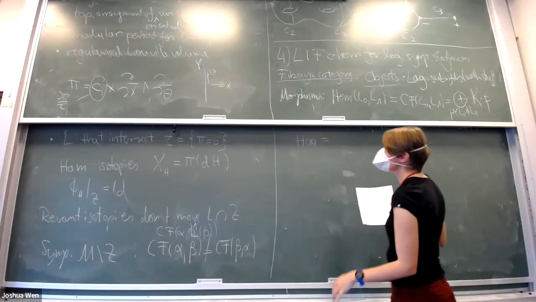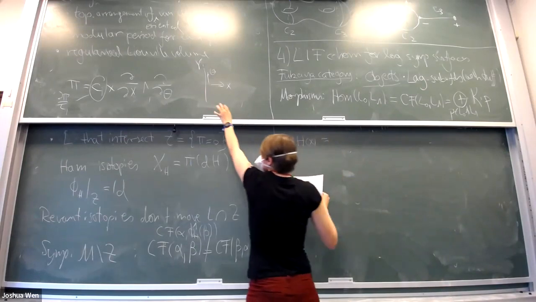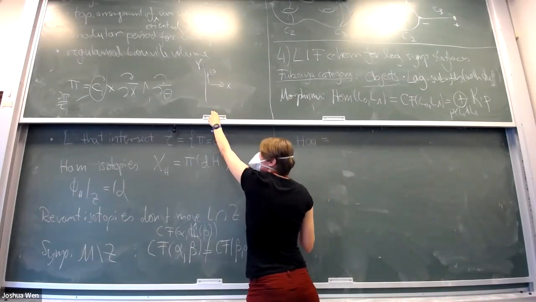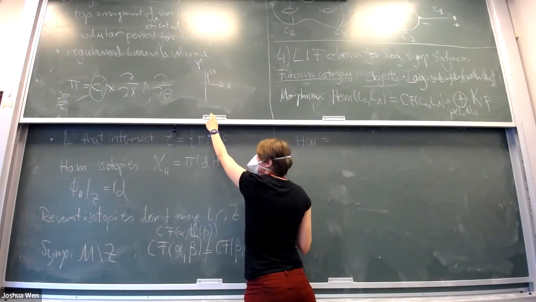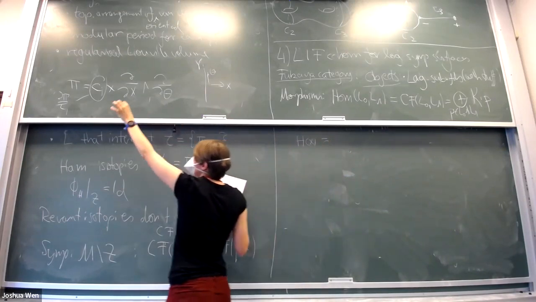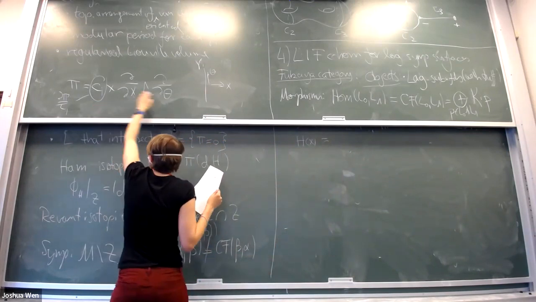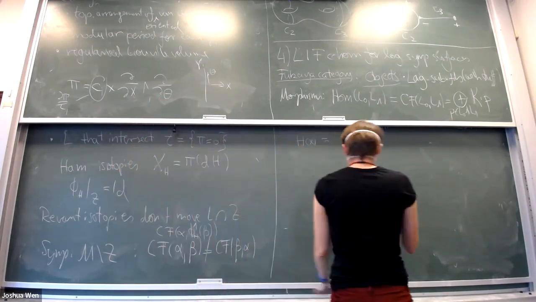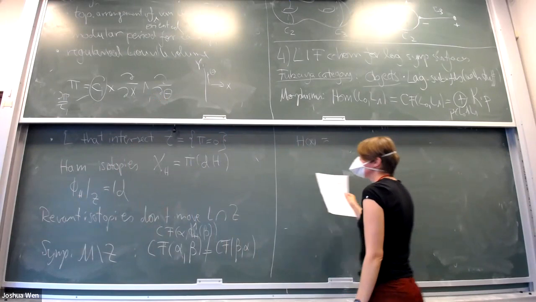Remember that I had these local coordinates on a cylindrical neighborhood of the vanishing circle. I had these coordinates x and theta, so that the modular vector field is c times delta theta.